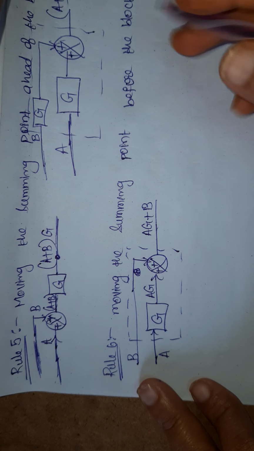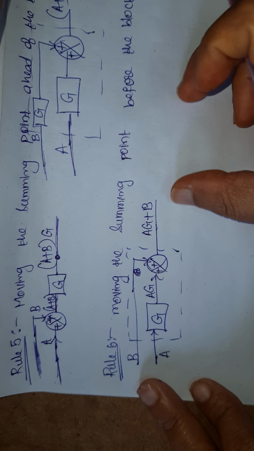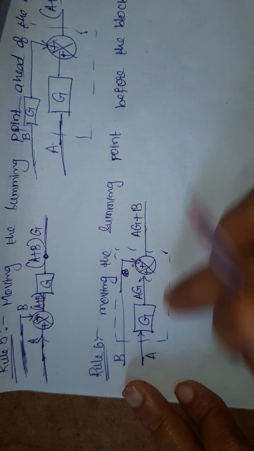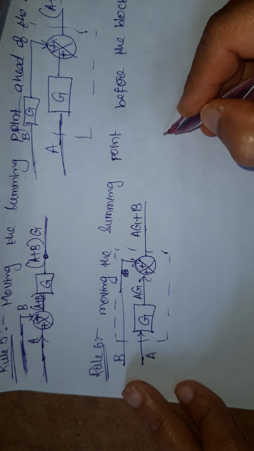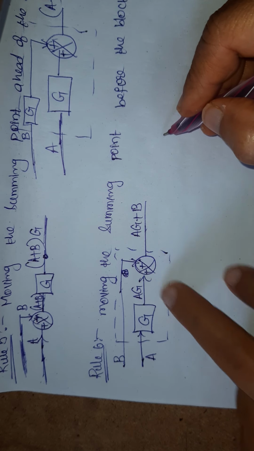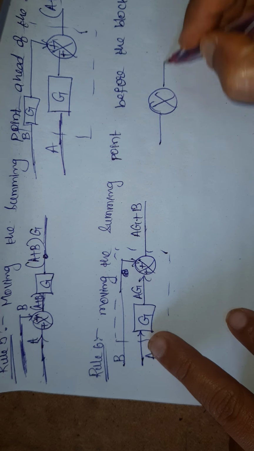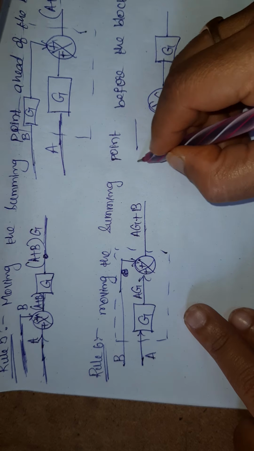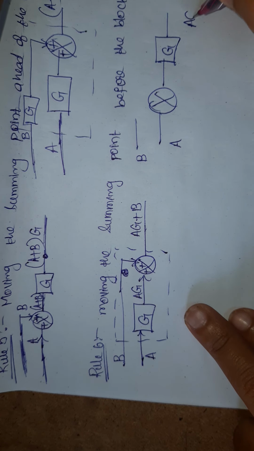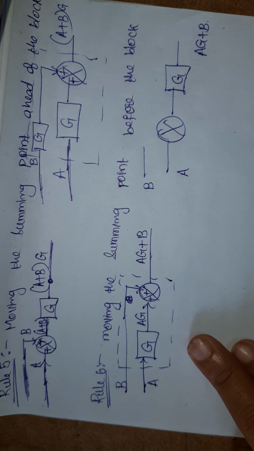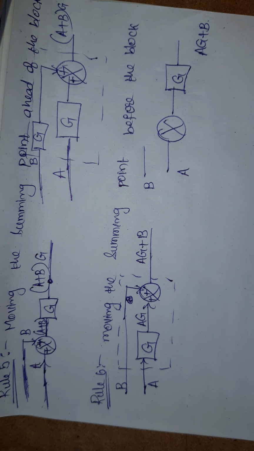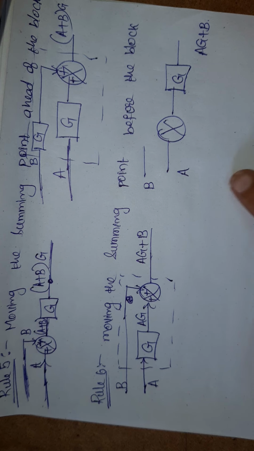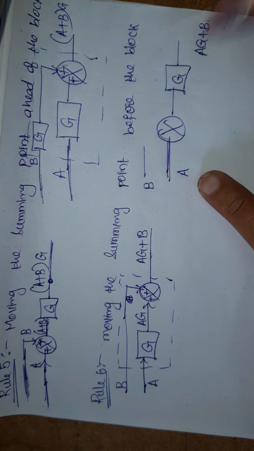I have to change the block diagram such that there won't be any changes in the inputs A, B and the output. So here I have to change the summing point before this block, like this. The inputs are A and B, and the output should be AG plus B. So how to get this? Already for the summing point A is added.